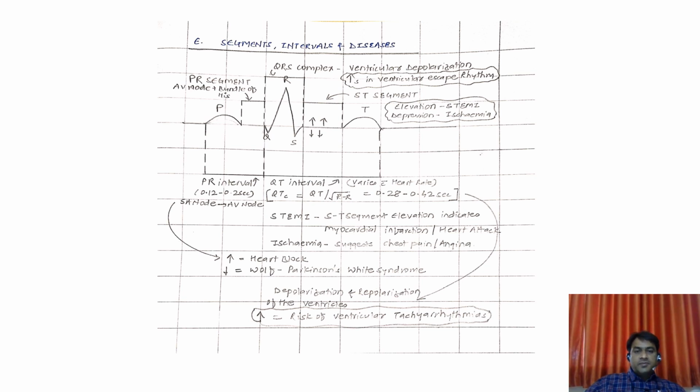There are two segments, PR segment and ST segment. PR segment indicates the time required between atrial depolarization to ventricular depolarization. ST segment indicates the time required from ventricular depolarization to ventricular repolarization. ST segment elevation and depression indicate something. Elevation indicates myocardial infarction, depression indicates ischemia.